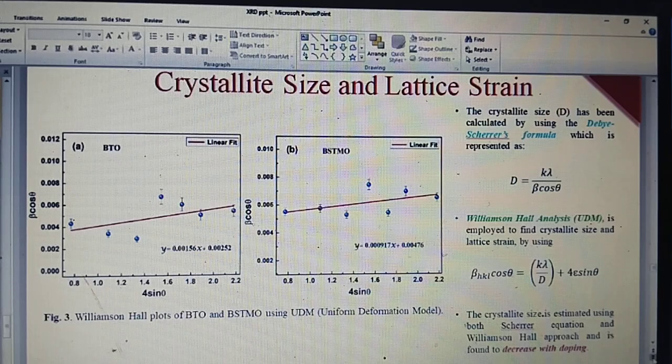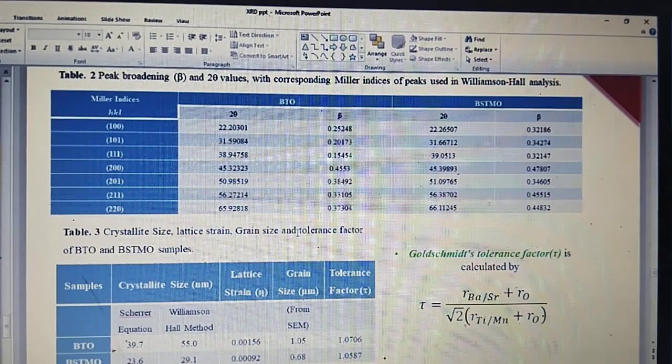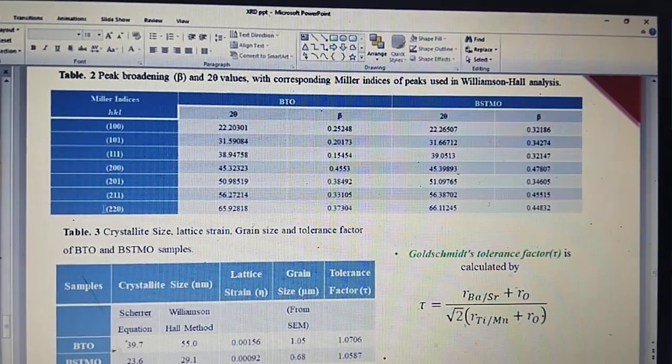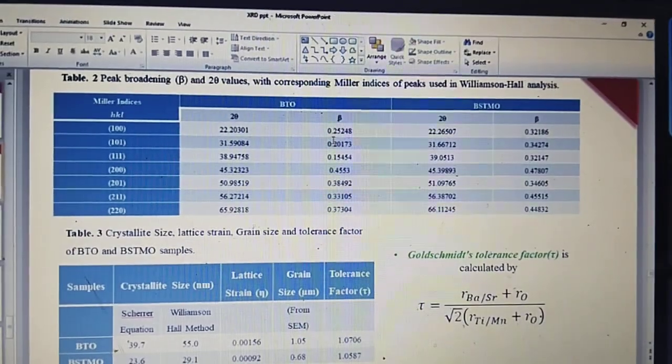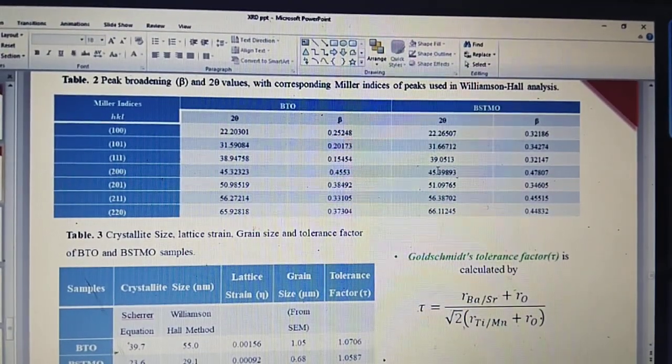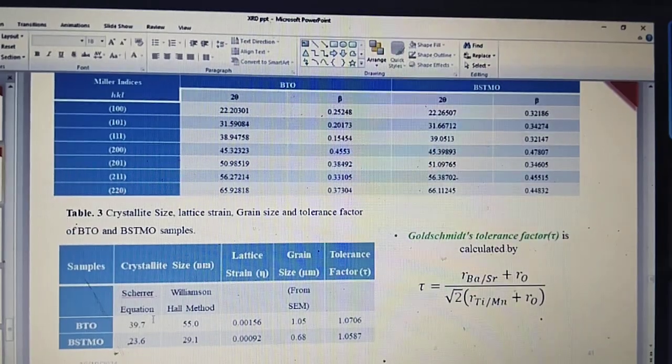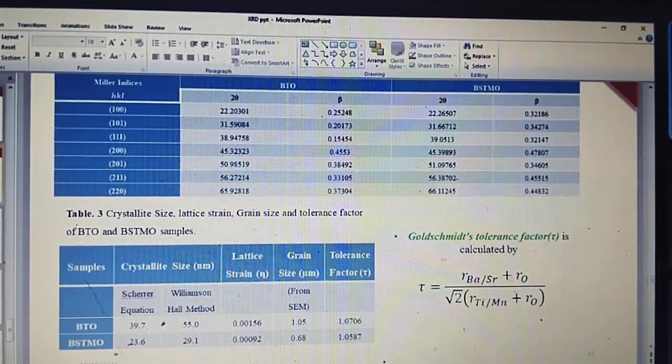So you can see from here that if there are a number of peaks corresponding to different HKL or Miller indices at different 2 theta values, you find the beta, I mean the full width at half maximum, and from that you find the crystallite size using the Scherrer equation and Williamson-Hall.